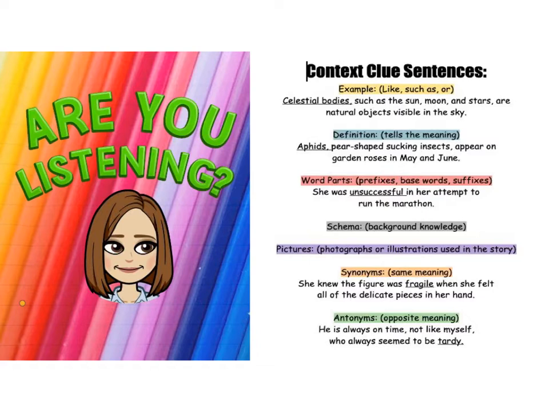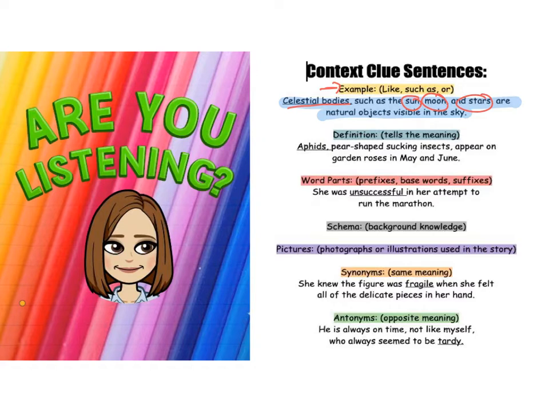So our notes say celestial bodies, such as the sun, moon, and stars, are natural objects visible in the sky. I'm noticing the author gives me things like sun, moon, and stars, objects that are visible in the sky. Well, these are all examples of celestial bodies.